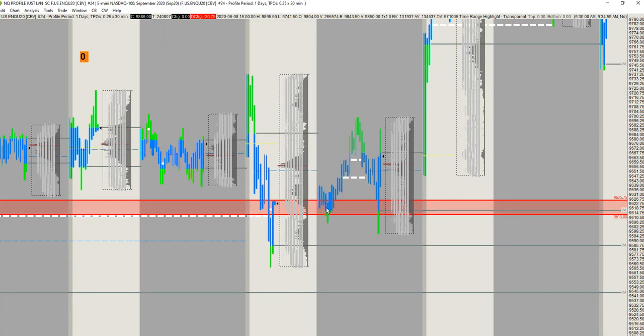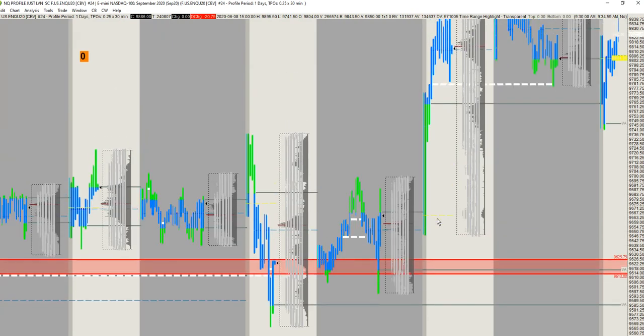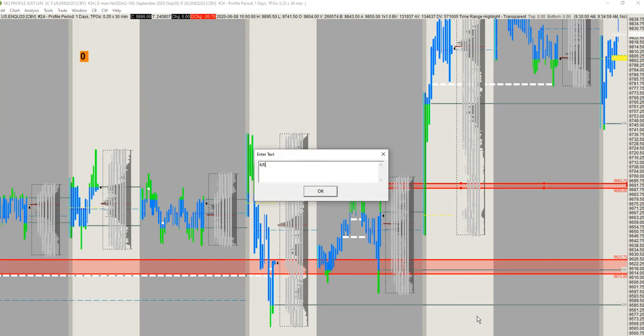The next day we reject that same area, we open above it, and we fly. So NASDAQ gave us a clue that this low volume node here of June 4th, I'm just going to write it down here, 4th of June, low volume node rejected, right?